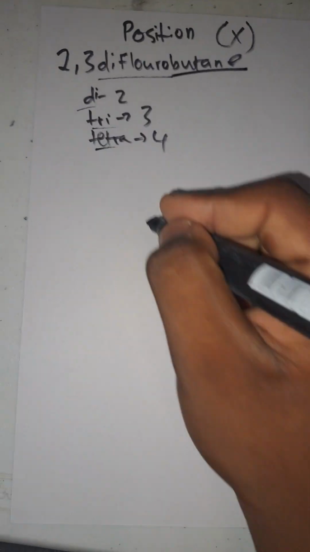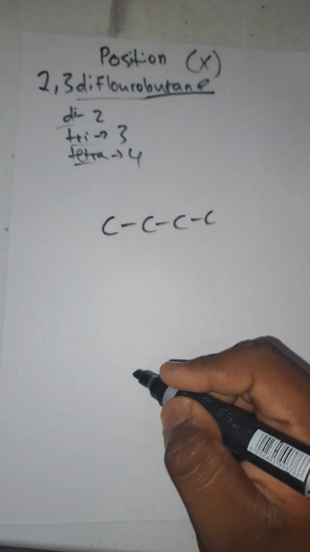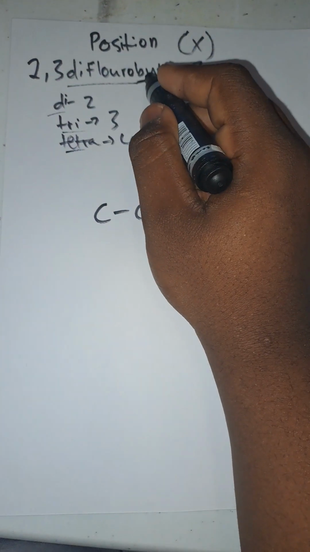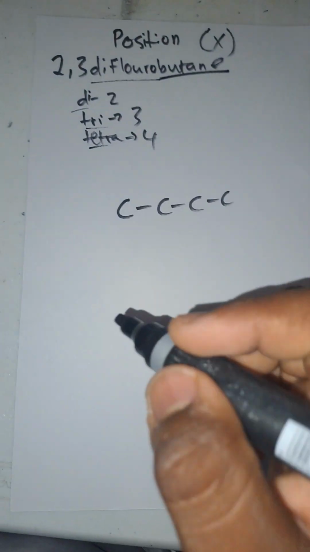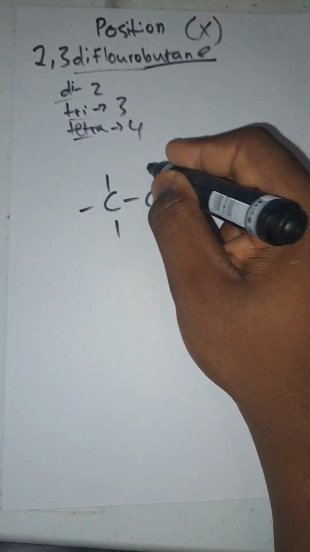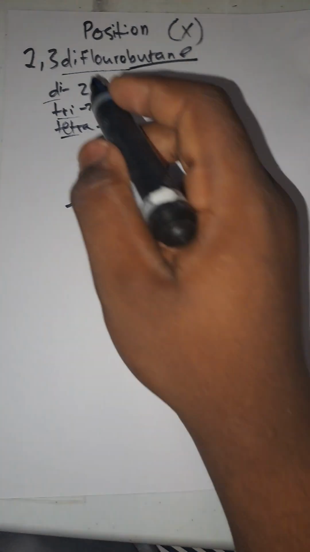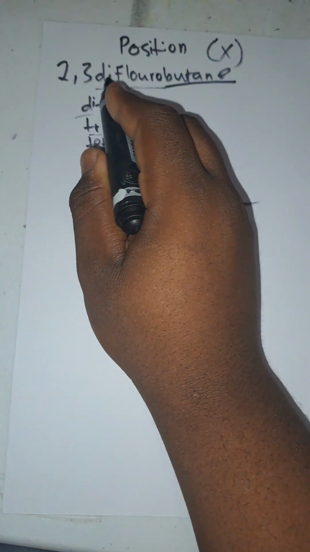From my knowledge, I know that but already is 4 carbon atoms. Okay, now since I'm done saying butane, it is the suffix for alkane, meaning that I'll have to put my bond lines like this. I'm done. But now let's go. It is saying 2,3 di.